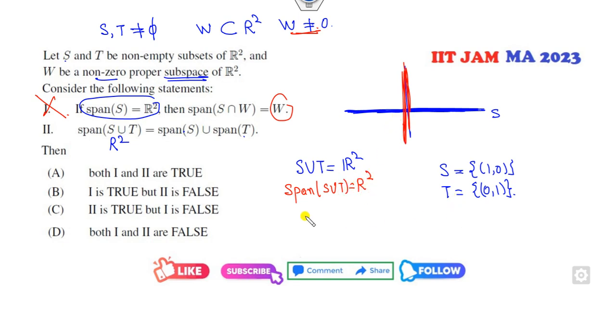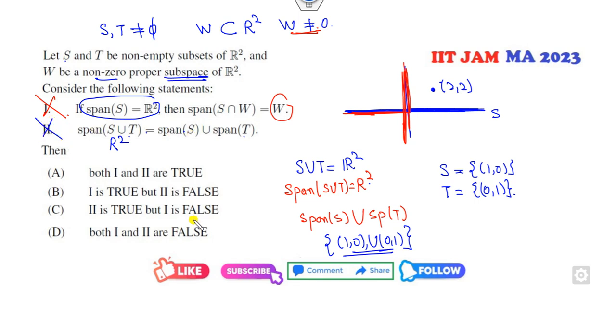What is the span of S union the span of T? That means (1, 0) union (0, 1). But if I take (2, 2) from the R2 left hand side, does it belong to this? No. So they are not equal. So both are false statements.